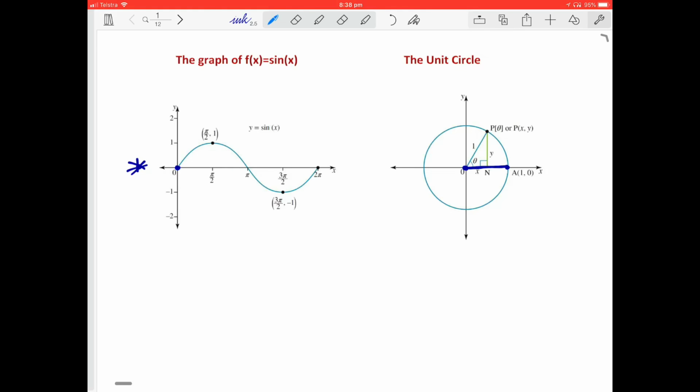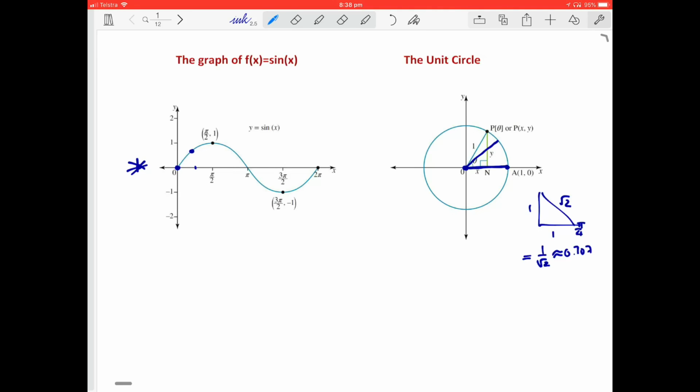We know that sine of 45 degrees, using our special triangles, 1, 1, root 2, pi on 4, is 1 on root 2, which is approximately 0.707. So here, if I go to pi on 4, 0.707 is a value here.